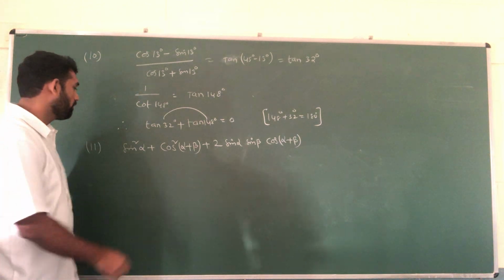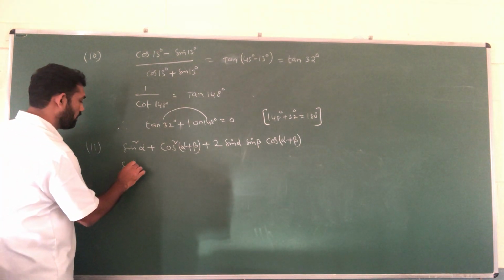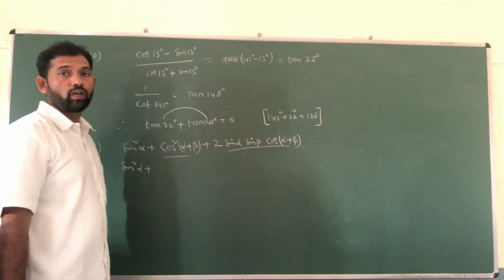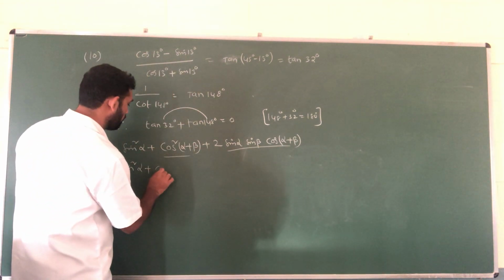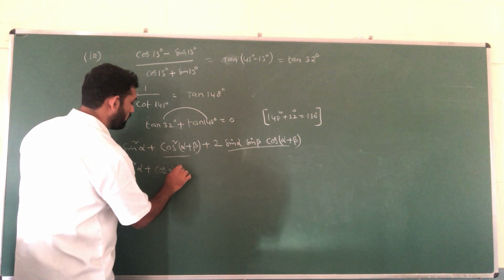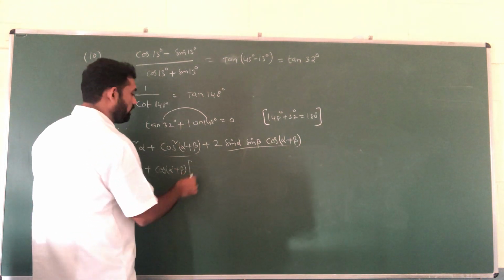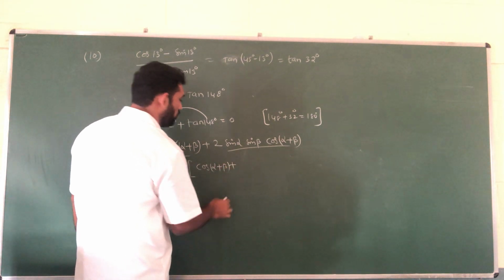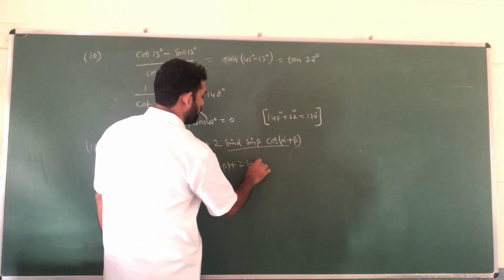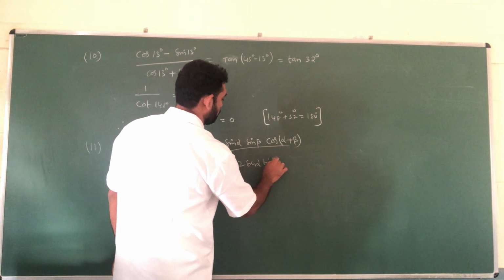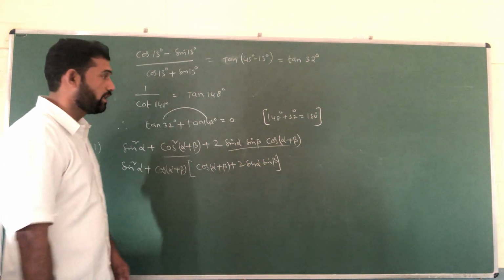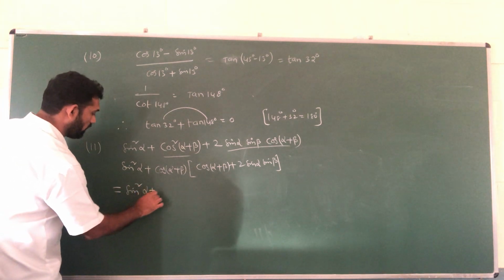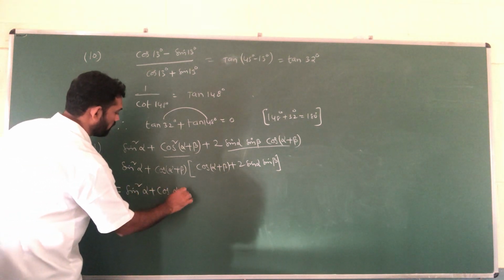You see here, sin square alpha plus these two terms, what value is common? Cos alpha plus beta is common. Then what is remaining? Cos alpha plus beta plus 2 sin alpha sin beta.